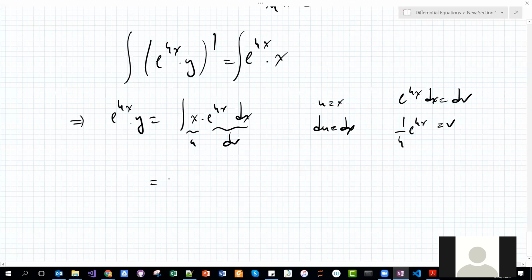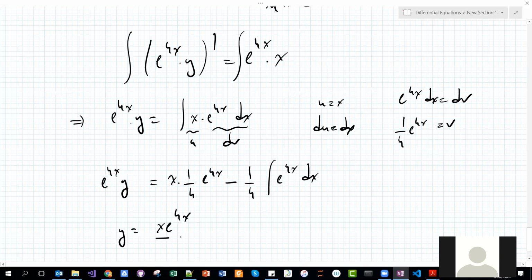So u times v, x times 1 over 4 e to the 4x, minus v times du, 1 over 4 e to the 4x dx. And then e to the 4x times u on the left-hand side. So u is going to equal x e to the 4x over 4. This is my first term. And then the integral of this one is going to be 1 over 16 e to the 4x. But look at that, I had the e to the 4x, so I'm going to move that to the other side. And then I also need to have the constant C here.